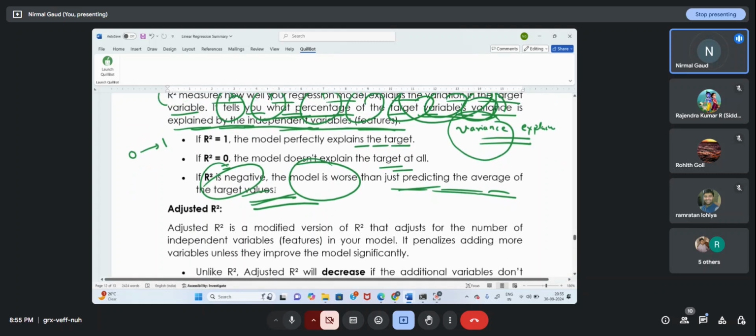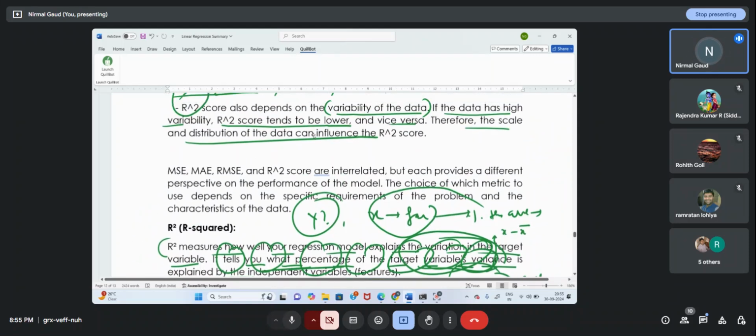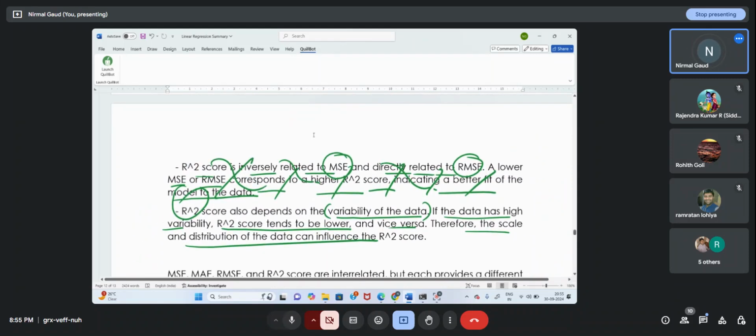So if the features are good enough in calculating the target, then obviously R2 will be high. If the features are not good enough to predict the target, then R2 will be less.